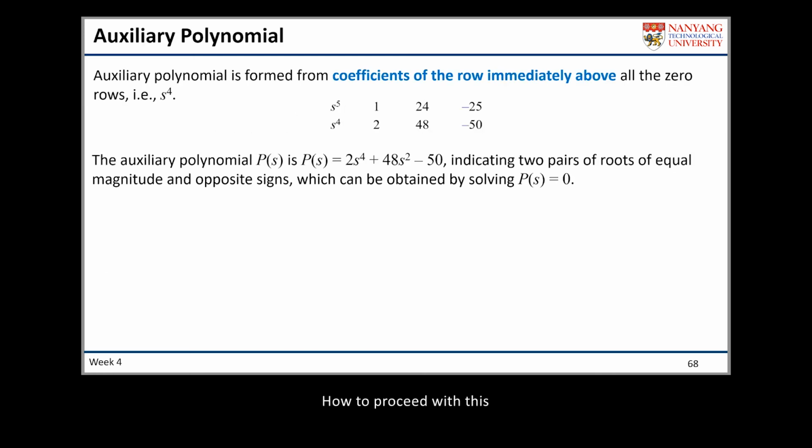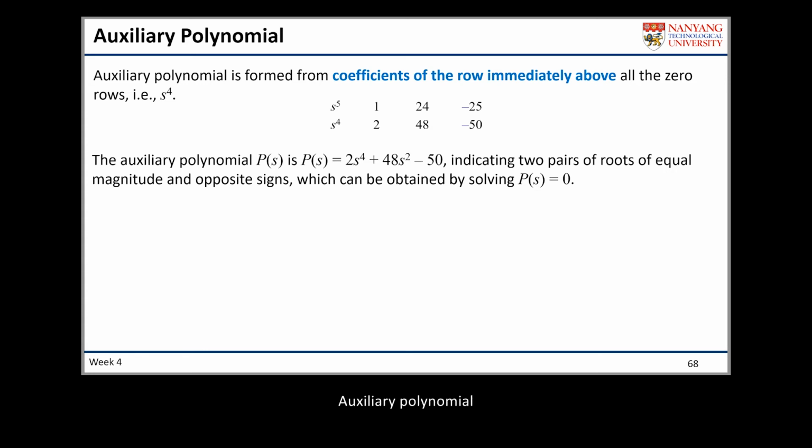How to proceed with this special case? In this slide, I show again the first two rows. Why do I show these first two rows? Because the next row, row number 3, has 0 on all of the elements. As I mentioned, if you want to proceed with this Routh array for this special case, you have to form the auxiliary polynomial. What is the auxiliary polynomial?